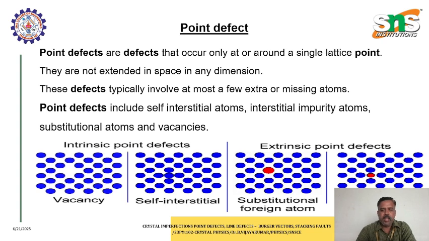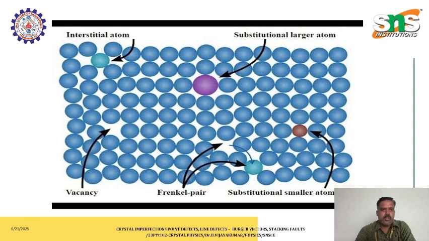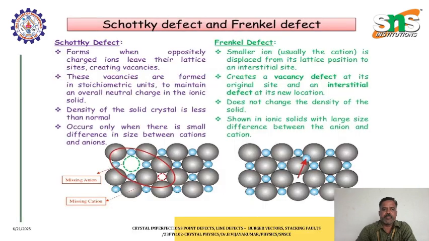This picture clearly explains the vacancy, self-interstitial, substitutional foreign atom, and interstitial foreign atom. In the interstitial case, a new atom is formed in between the lattice positions. The substitutional is a bigger atom forming in. In the vacancy, one atom is missing. The Frenkel pair is where an atom is moved to another empty space. The substitutional smaller atom is formed in the atom positions.